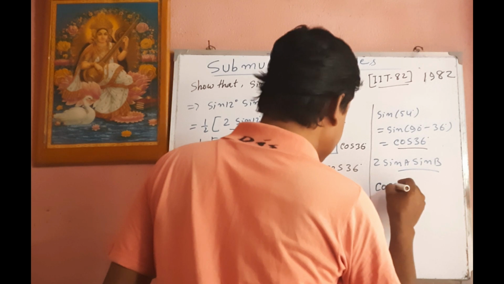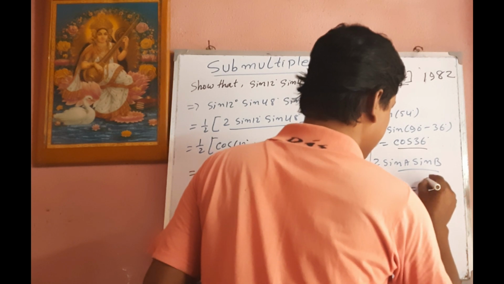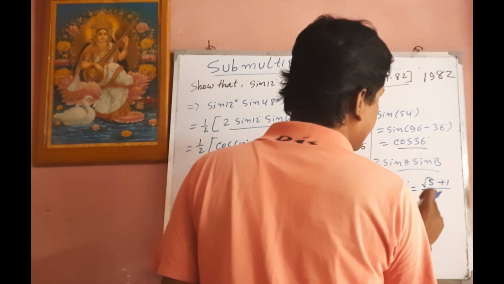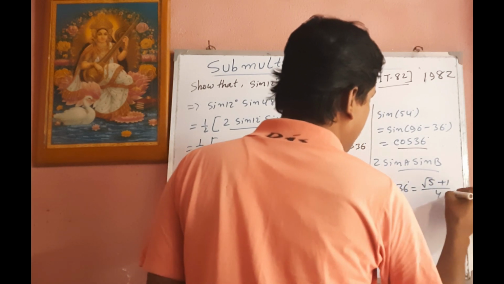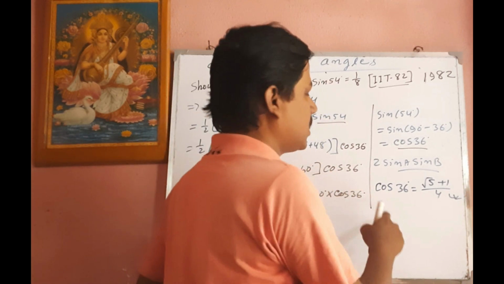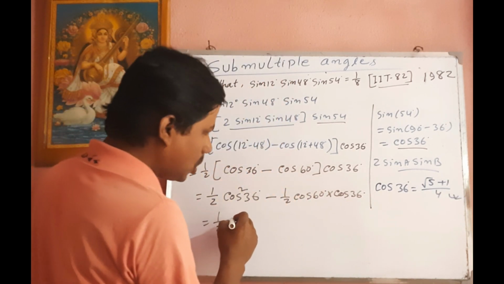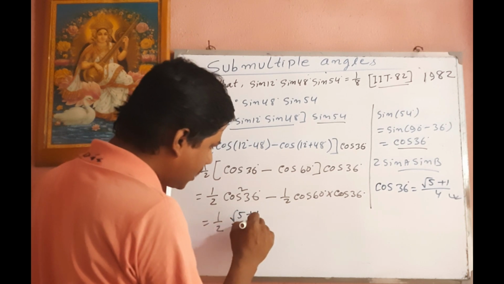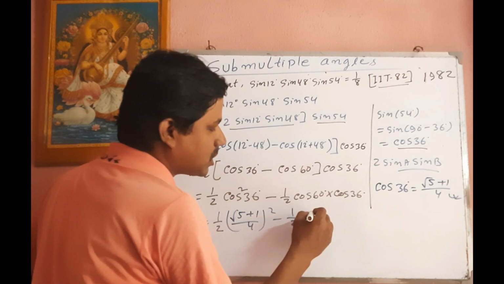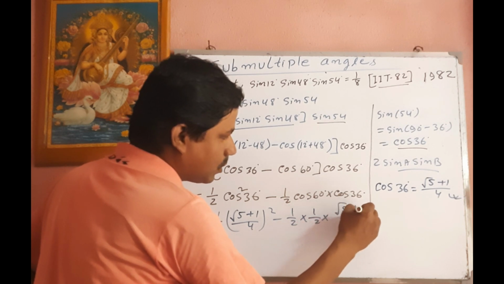We previously discussed that the value of cos 36 is equal to root 5 plus 1 divided by 4, the standard value of cos 36. So (root 5 plus 1 divided by 4) whole squared is there and half, and we know that the value of cos 60 is equal to half.